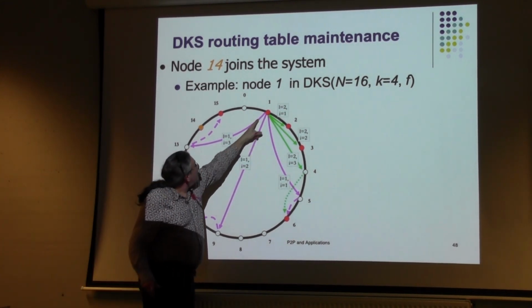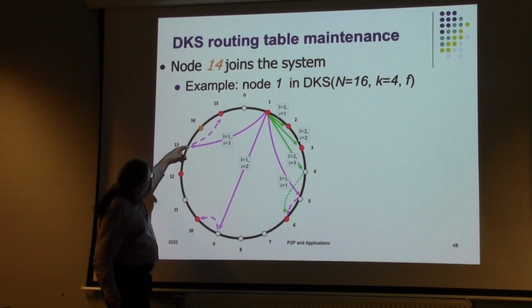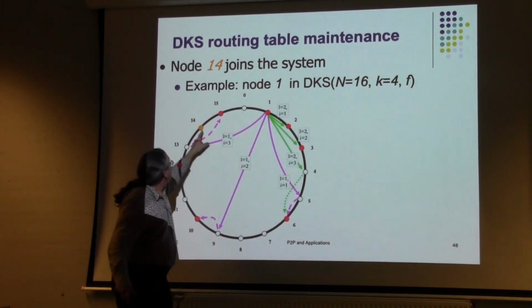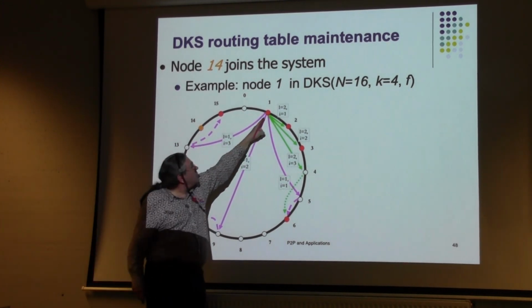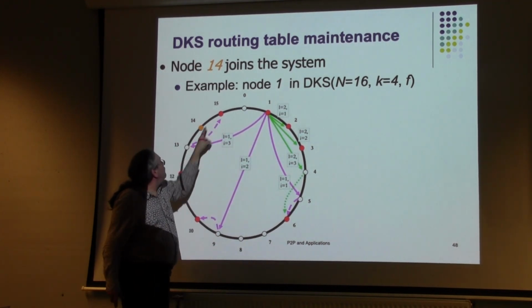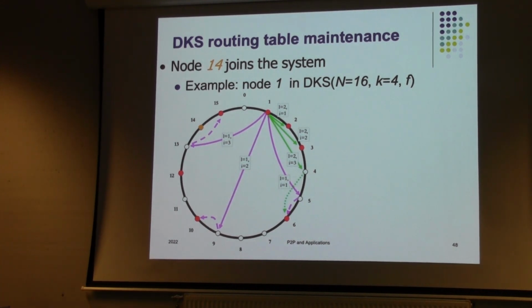The third link here used to go to 15, but now it has to go to 14. But it doesn't know that. When node 14 is added, this routing table will be incorrect, because it will go to 15 and not 14.